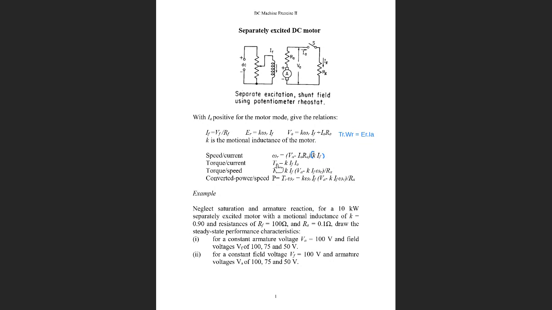So then we can find out the torque-current relationship. The torque is proportional to the armature current. Look at here. That's why we say that the loading currents, the armature currents, and the torques represent the loading levels.